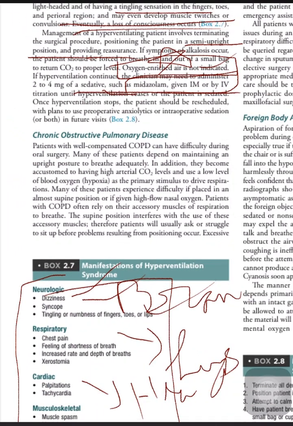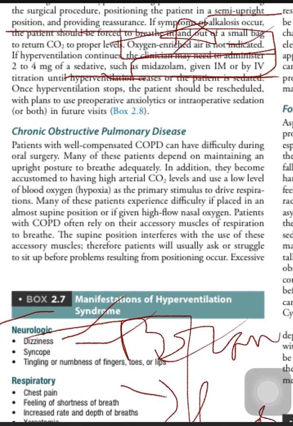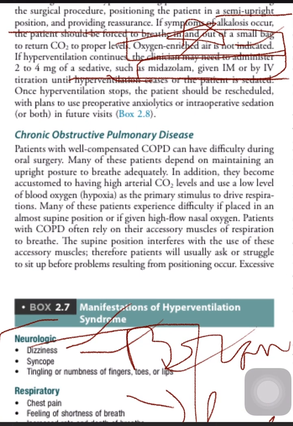Now we are going for COPD, also known as chronic obstructive pulmonary disease. Patients with COPD have a fragile breathing drive. They rely on low oxygen to trigger breathing. Too much oxygen can actually make them stop breathing. So you have to understand the difference between COPD, asthma, and hyperventilation.